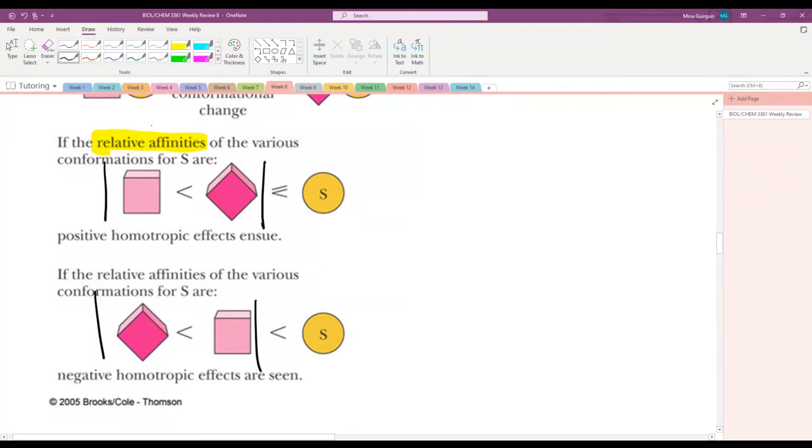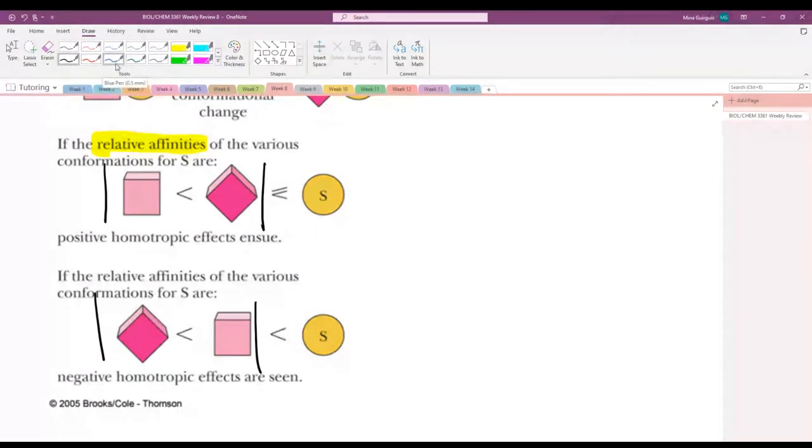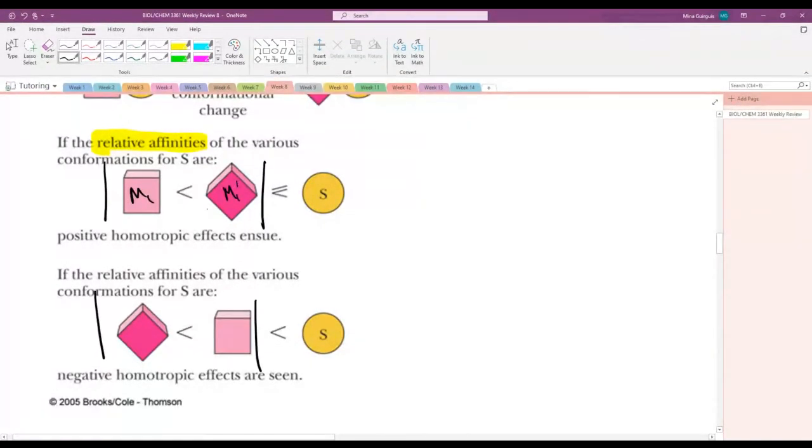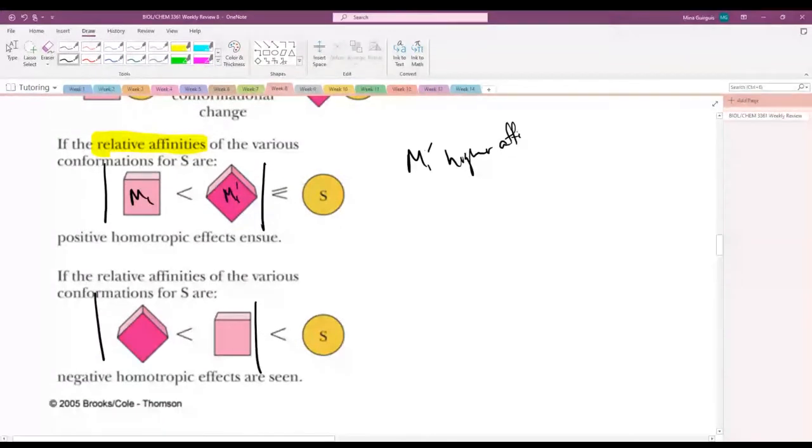So this is, once again, M1 in both of these, M1. So what this is saying is that M1 prime has a higher affinity for substrate than M1.